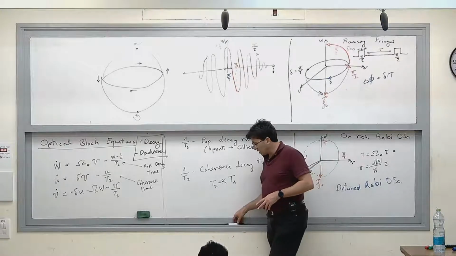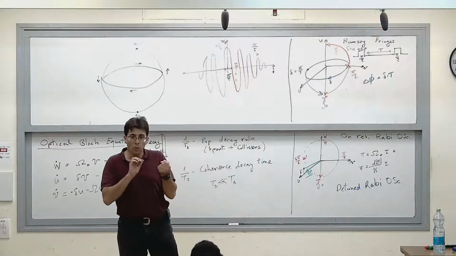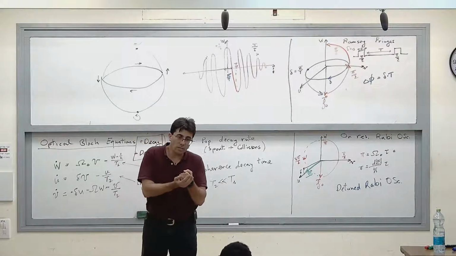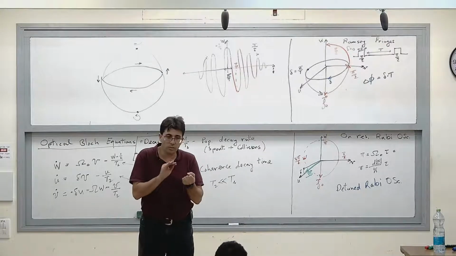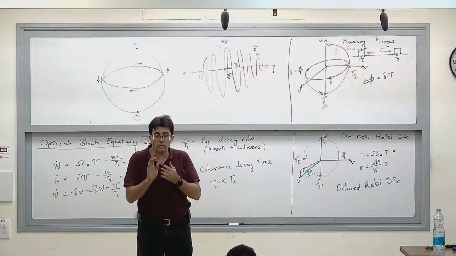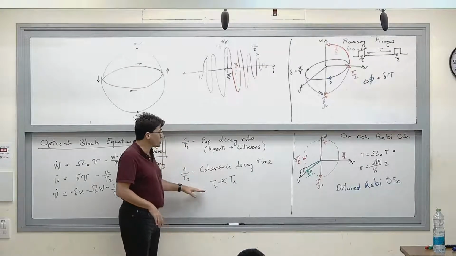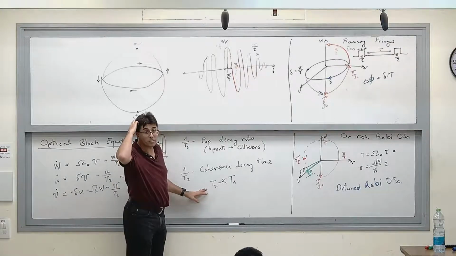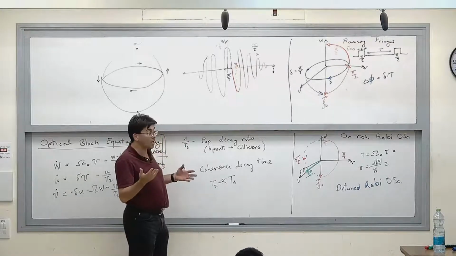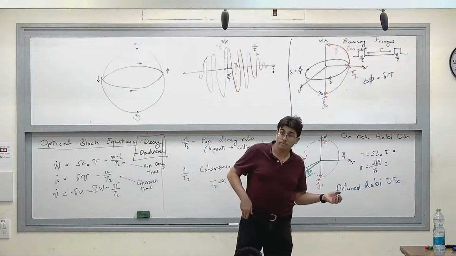For example, in the ideal case that you have a single atom sitting quietly in the ground state of a trap, not moving, temperature 0, and you're shining light on it, then you'll be in a situation where T1 and T2 are basically limited by the spontaneous emission of the atom, and both of them become the spontaneous lifetime of the atom.